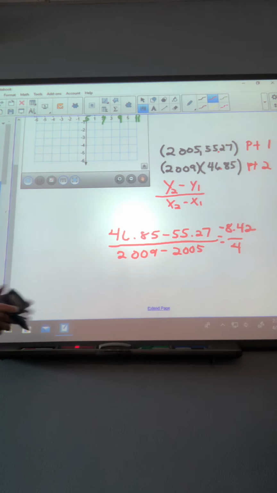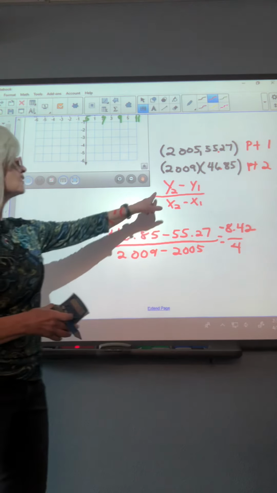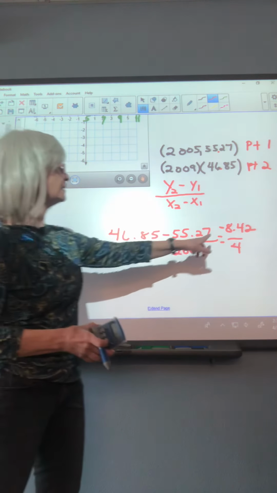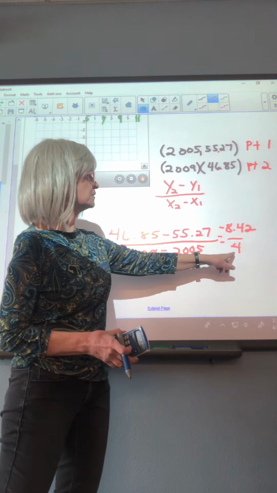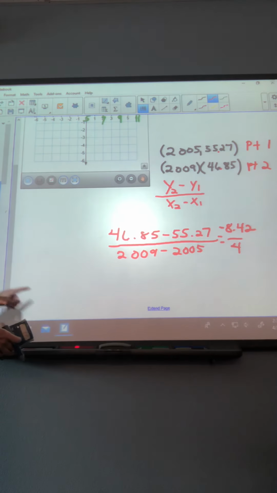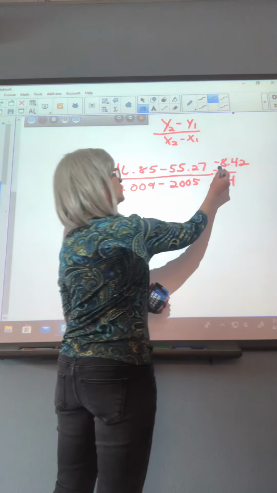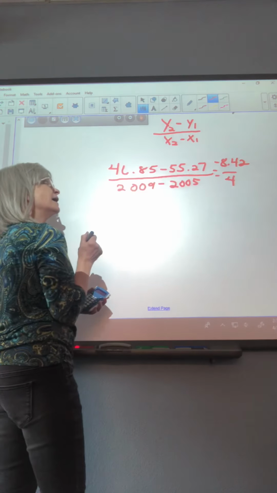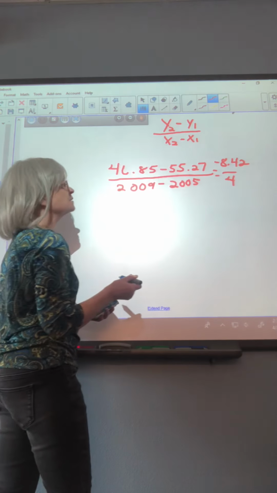Okay, so hopefully when you did your subtraction with your slope equation, you got a negative 8.42 million over 4 years. And so we would go ahead and find the rate per year. So to find the rate per year, we would divide negative 8.42 by the 4 years.